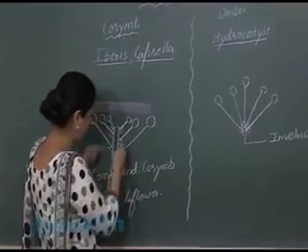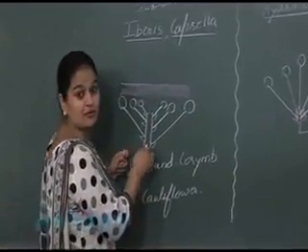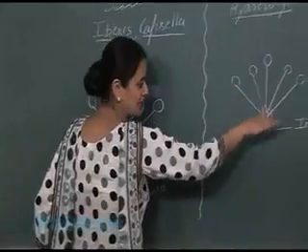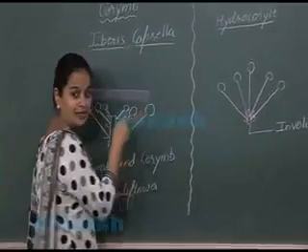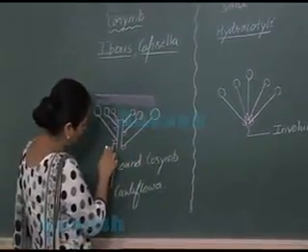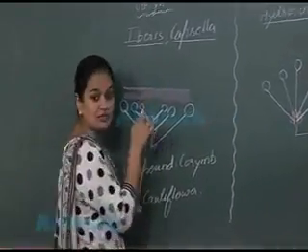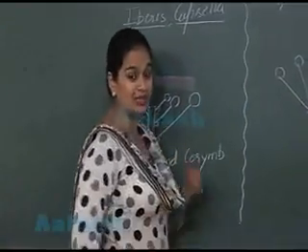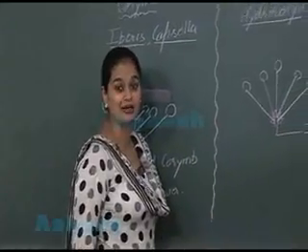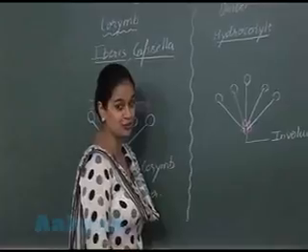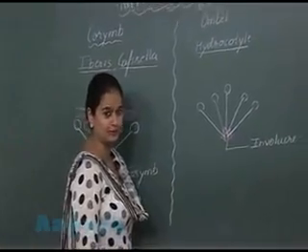You can see here the flowers are arising from different points. Here they are arising from same point, and below every flower there is this leafy structure, that is bracts, but here the bracts are in the form of the whorl, which form a structure known as involucre.